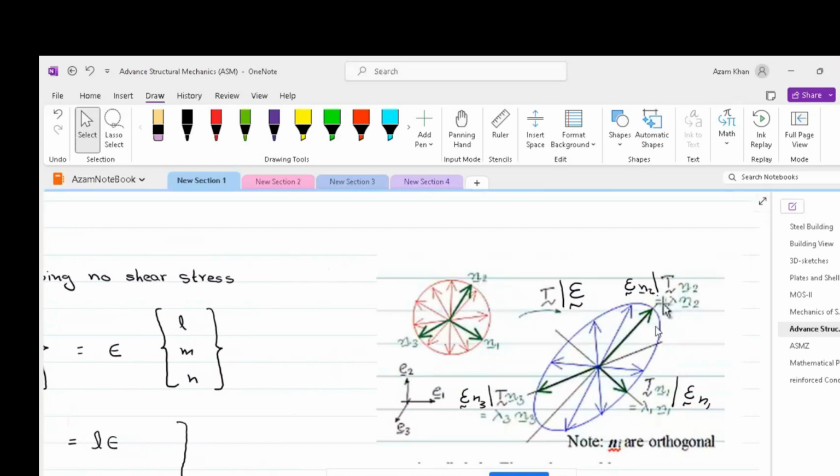However, there are some vectors whose direction doesn't change after the application of the load. They are only stretched or squished.